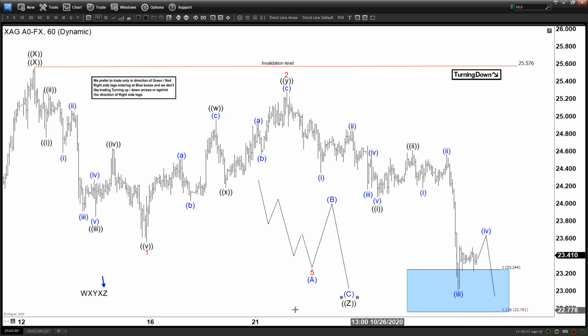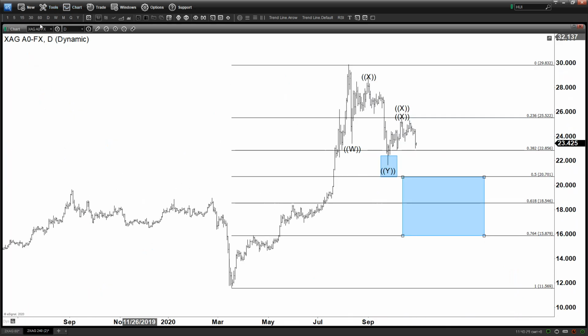One other thing I want to point out here, if you look at the 4-hour chart, you might say, well, if it is bullish, can we start the next leg higher already? I think that's a fair question. Why would we expect another leg lower? This could be the start of another leg higher.